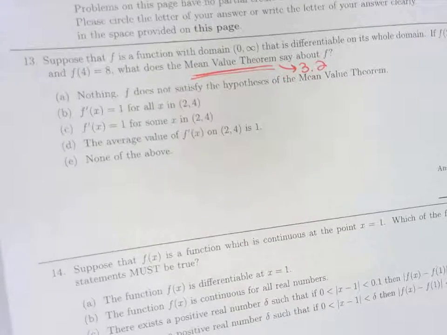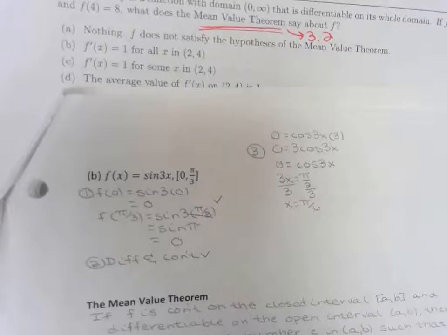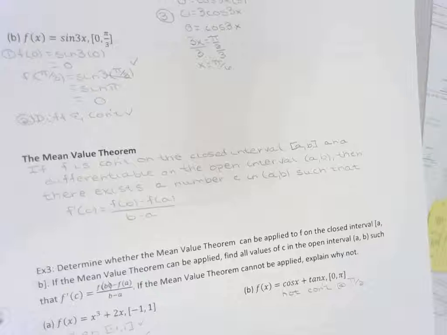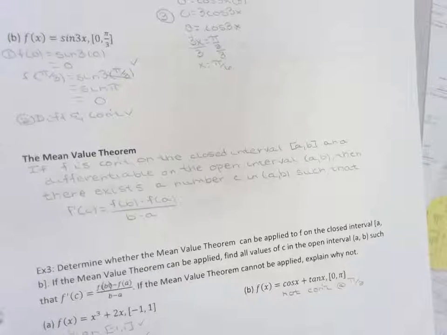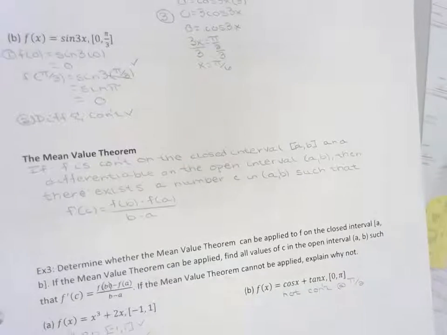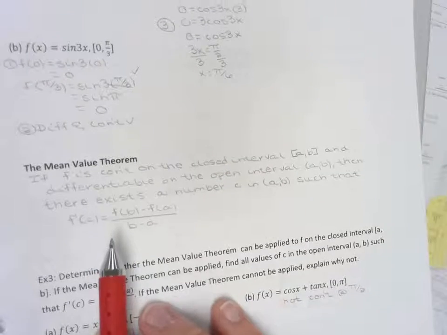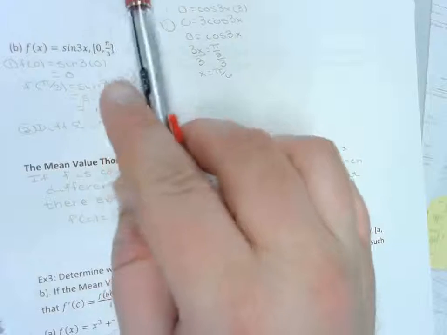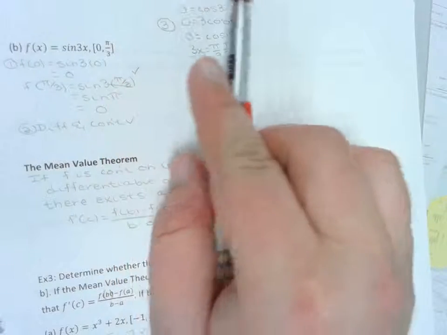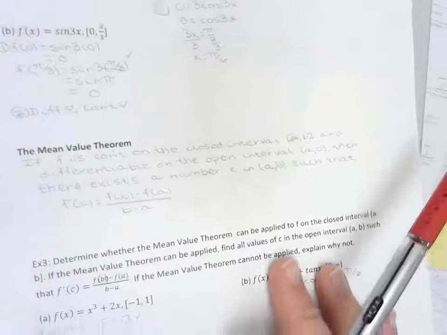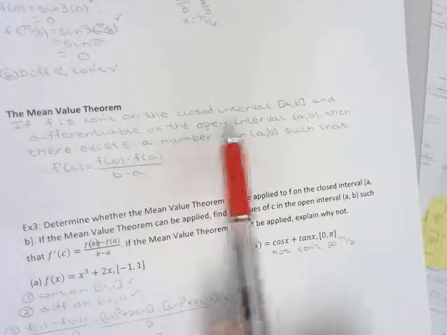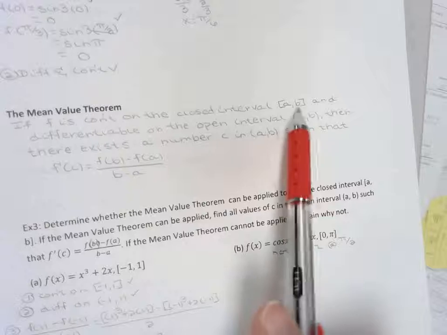Okay, let's read it and see. Here's the mean value theorem. F is a function with domain 0 to infinity that is differentiable in its whole domain. F is continuous on the closed interval, and differentiable on the open interval.